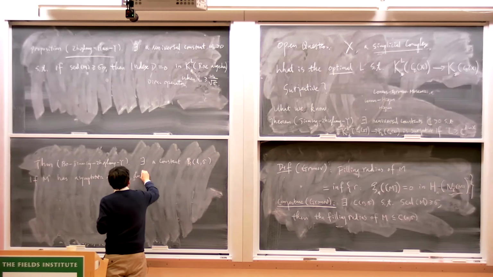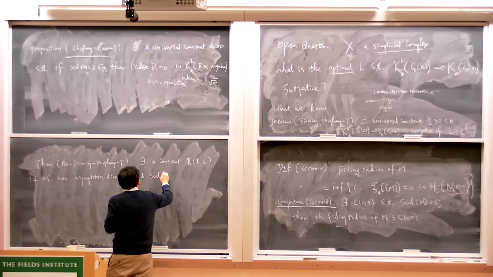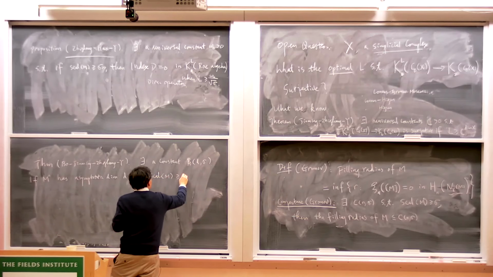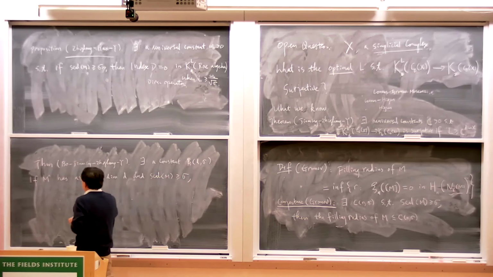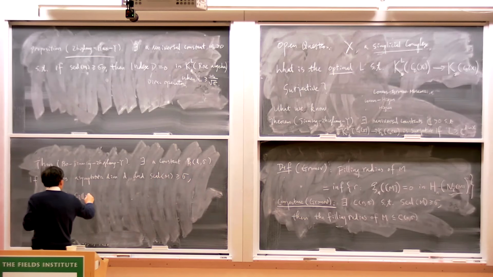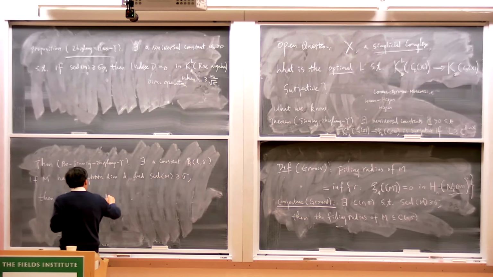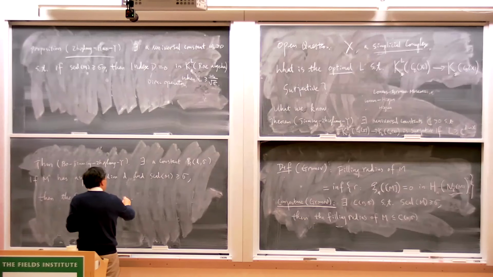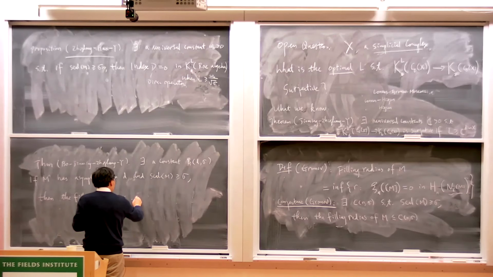And the scalar curvature of M is large enough, then the filling radius is less than or equal to, actually we know it's like C to the D to sigma.